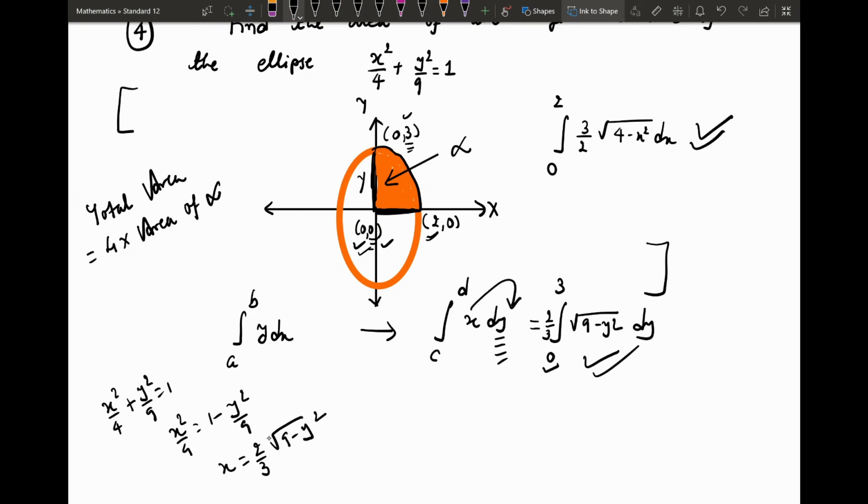In both the cases you will get the same answer. And to get the total area, you have to multiply this by 4. So 4 into this one will be the total area.